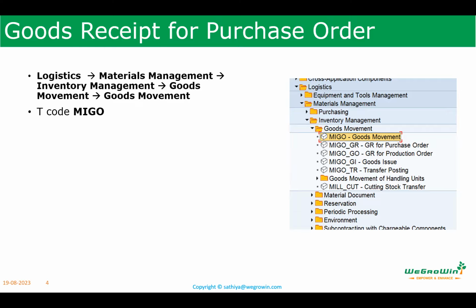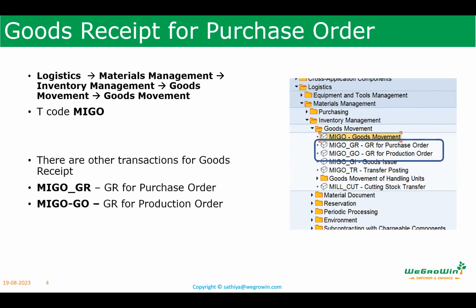This is the MIGO transaction. We can use just MIGO, or there is MIGO_GR, which is used directly for purchase orders, and MIGO_GO, which is for goods receipt for production orders. There is also MIGO for GI, goods issue, and MIGO for transfer posting. Like the material master, it is not only MM01 that creates a material master.